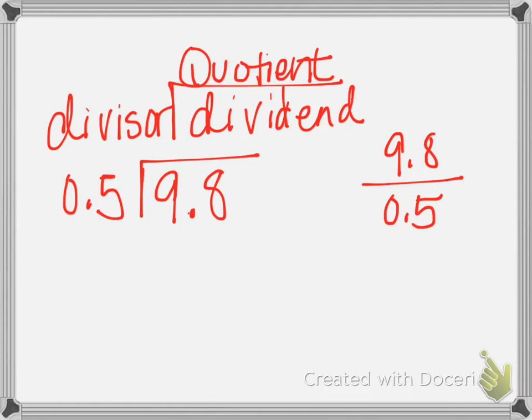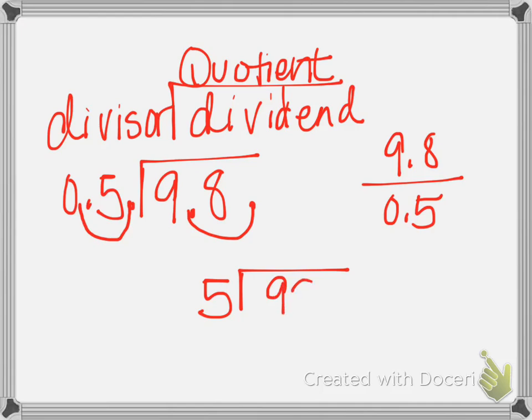So what we can do first is we always divide by a whole number. So when you move it to make a whole number, you have to move inside the box. And now we have a new problem. 5 goes into 98, or 98 divided by 5, because we moved the decimal.